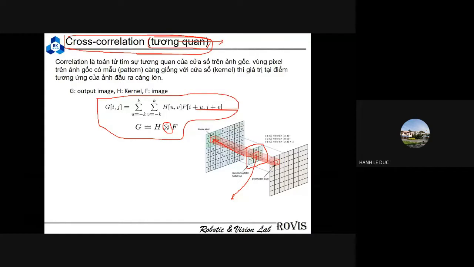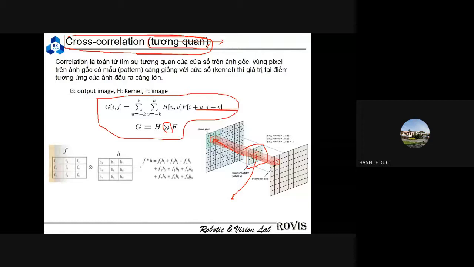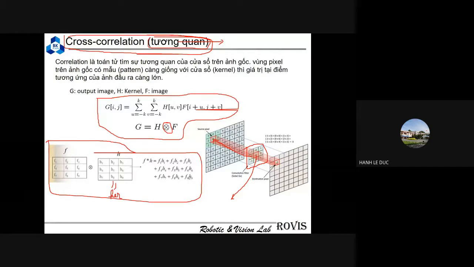Okay, so how do they do it? Let's go up. This is the equation. This is the kernel, and this is the image window. So when we apply the kernel on the image, this is the equation.